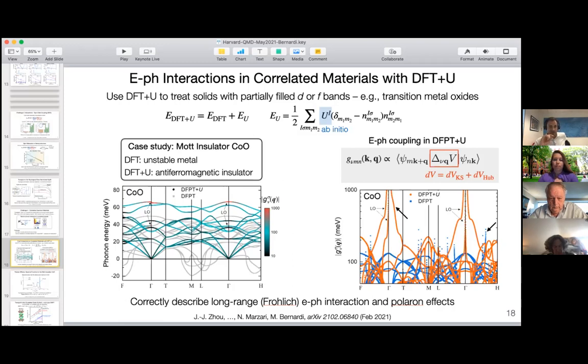So this is an antiferromagnetic system with two cobalt atoms in the unit cell. Each cobalt has one spin band that is entirely filled and the other one that's partially filled. For the partially filled spin channel of the two cobalt atoms, the effect of the Hubbard U term, this electron-phonon perturbation of the Hubbard U potential, is as strong as the Kohn-Sham term. And so if you did not include it, you would make a large error.